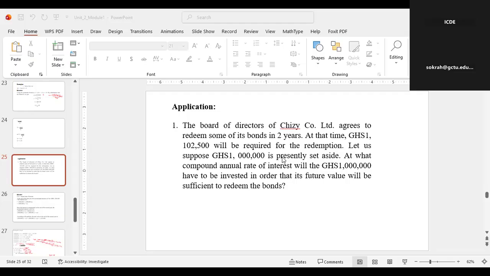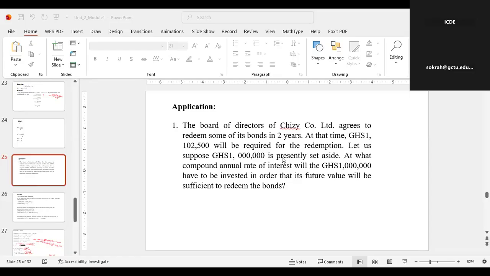If you read this question carefully, you realize that this is something like compound interest with the initial principal being 1 million. And you are expected to redeem 1,102,500 cedis at the end of the 2 years. So that is what we have to do.